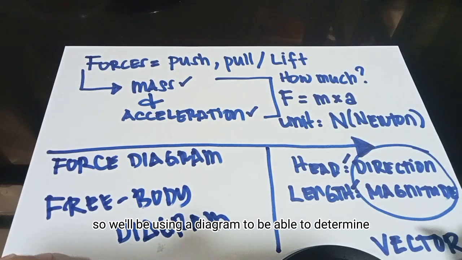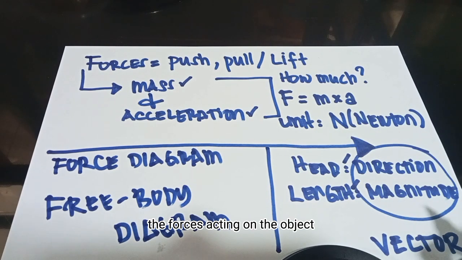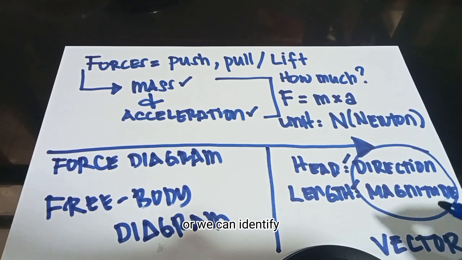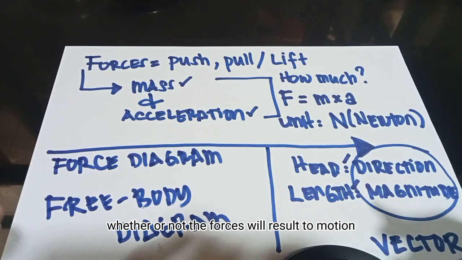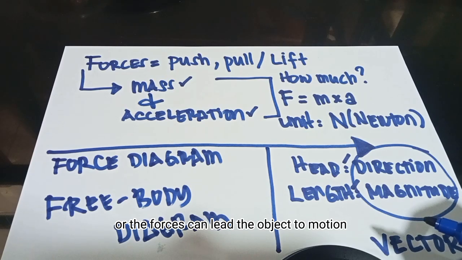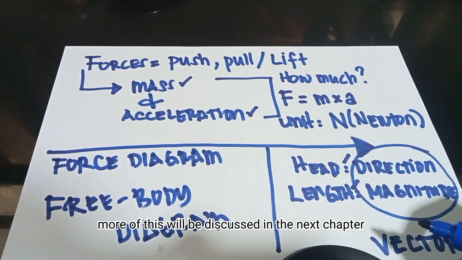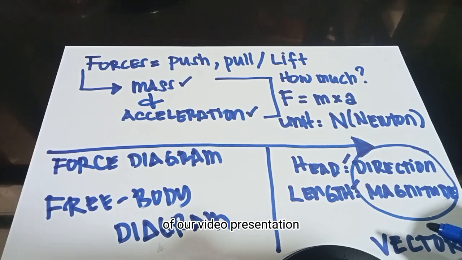So we'll be using a diagram to determine the forces acting on the object. By doing so, we can identify whether or not the forces will result in motion, or whether the forces can lead the object to motion. More of this will be discussed in the next chapter of our video presentation.